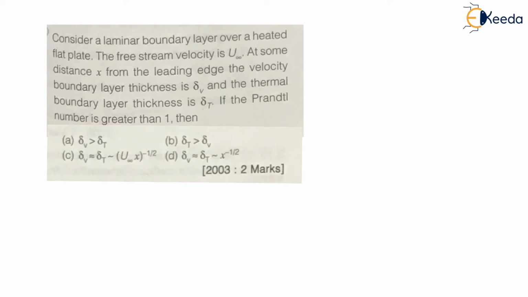Here, this del v is velocity boundary layer thickness, right? And thermal boundary layer thickness is del t. Here del t is thermal boundary layer thickness, right? Then they have given that Prandtl number is more than 1.